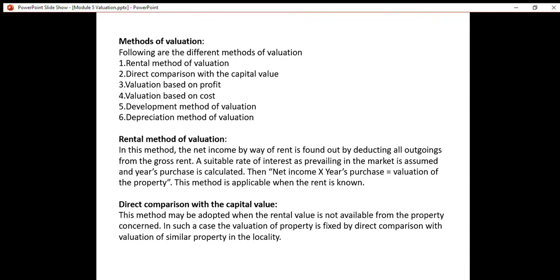It is calculated as net income is equal to gross income minus outgoings. I can put it like net income is equal to earnings minus expenses.